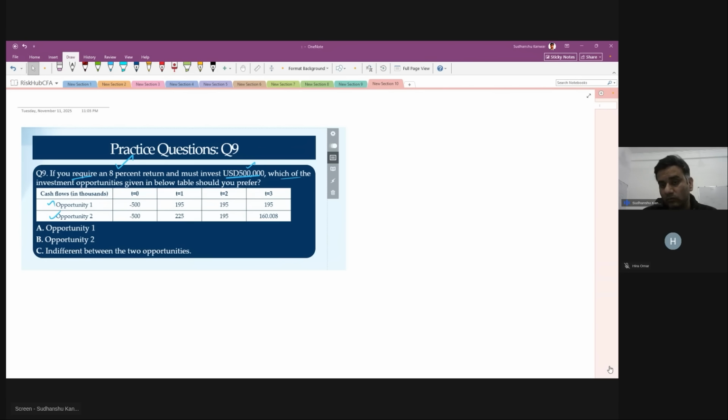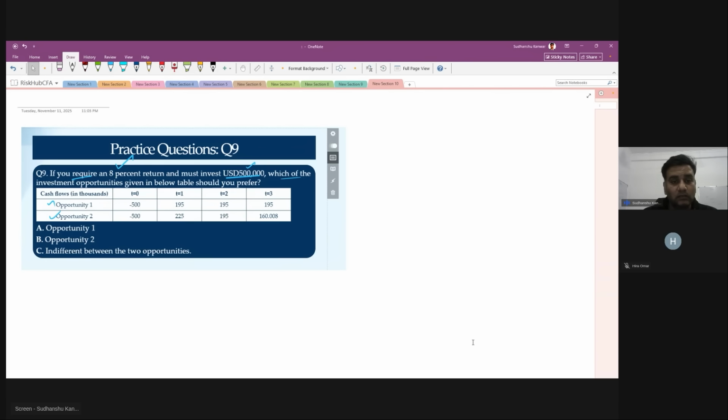You have to compare the two opportunities and see which one has the better cash flow. There are different ways to do it, to be fair. There is not a single way.